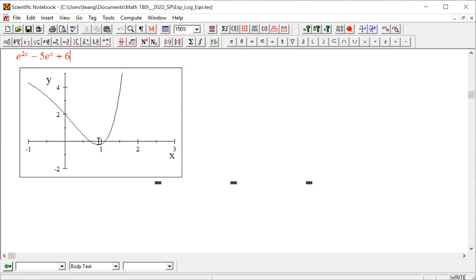So we need to identify these 2 points. Is it easy to identify those 2 points? It's pretty hard. So we have to use the algebraic method to identify those 2 points.